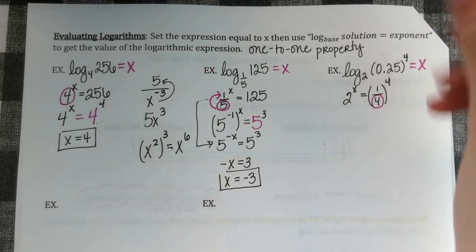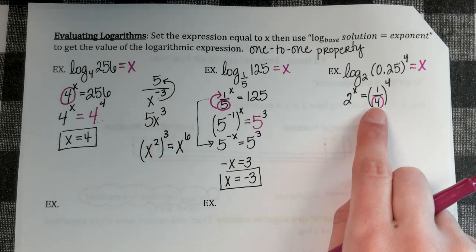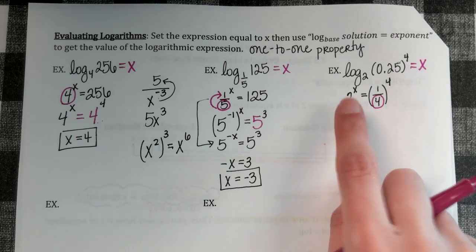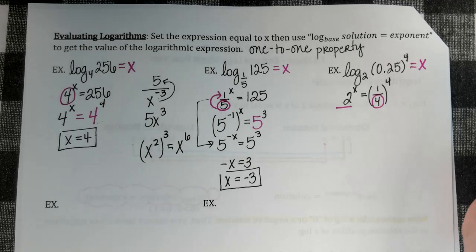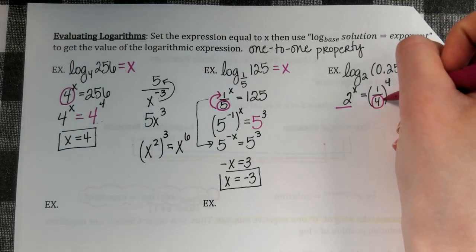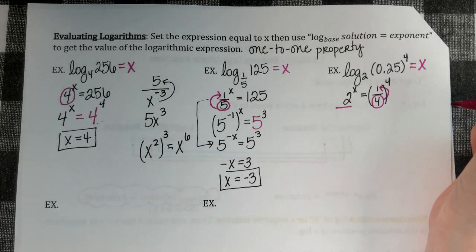Which one's larger, the 2 or the 4? The 4. So I need to take this 4 and I need to manipulate it to become a 2. But I also need to do what with it? If it's a fraction, I need to move it up. Okay? I don't want to work with fractions. I'm going to move it up.